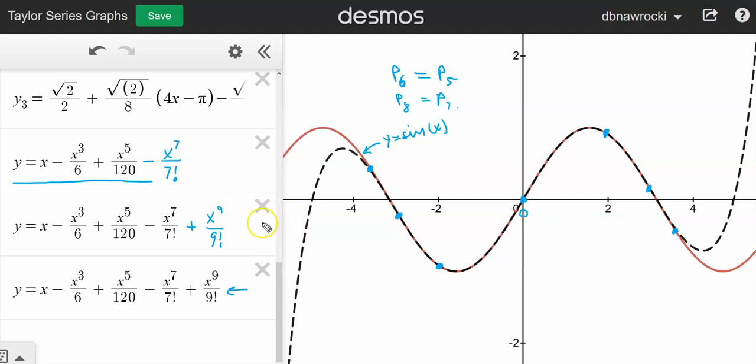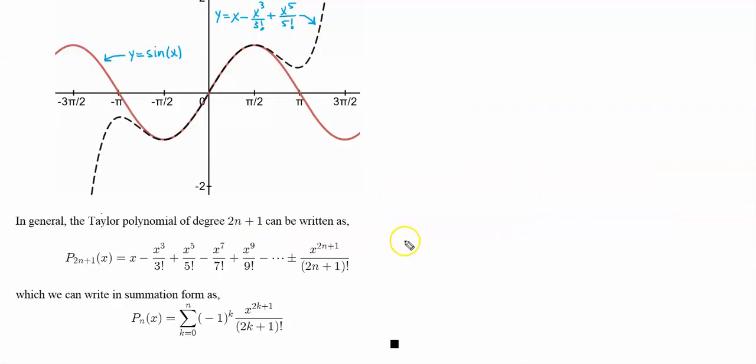All right, now let's find a general formula for the nth degree Taylor polynomial approximation for the sine function. So recall, for the sine function, we've derived this formula. So our general Taylor polynomial expansion for the sine function will be of the form x minus x cubed over 3 factorial plus x to the 5th over 5 factorial minus x to the 7th over 7 factorial, and so on.